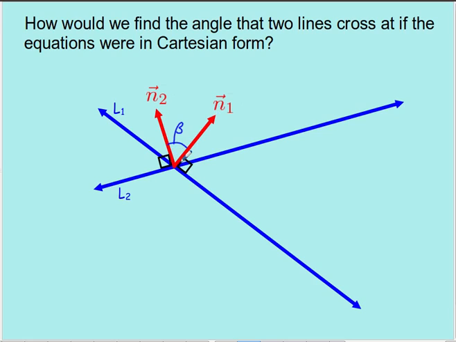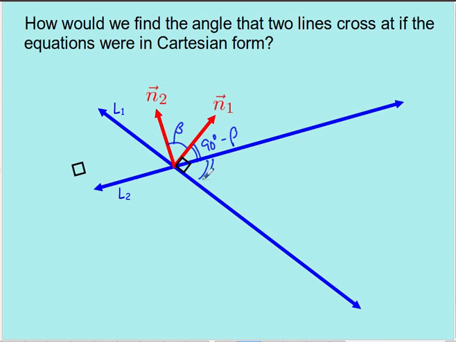But the hard part here is, how does this angle relate to, for example, here? What you need to make use of is, if this is 90 degrees on this side, that is also, of course, 90 degrees on this side. Let's get this out of the way for now. So if this is beta, then this angle here is going to be 90 degrees minus beta. Now that we've got that angle, let's take that one out and put this one back in.